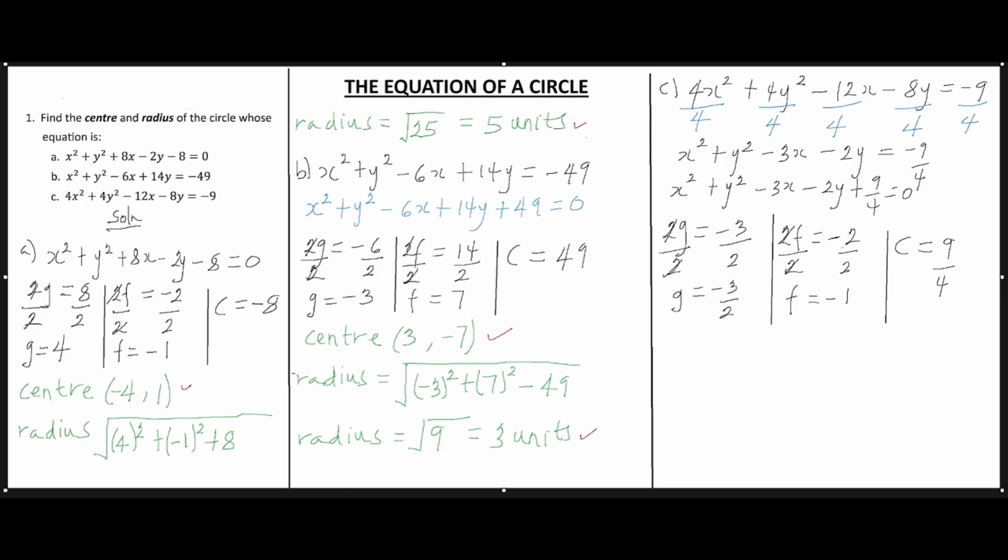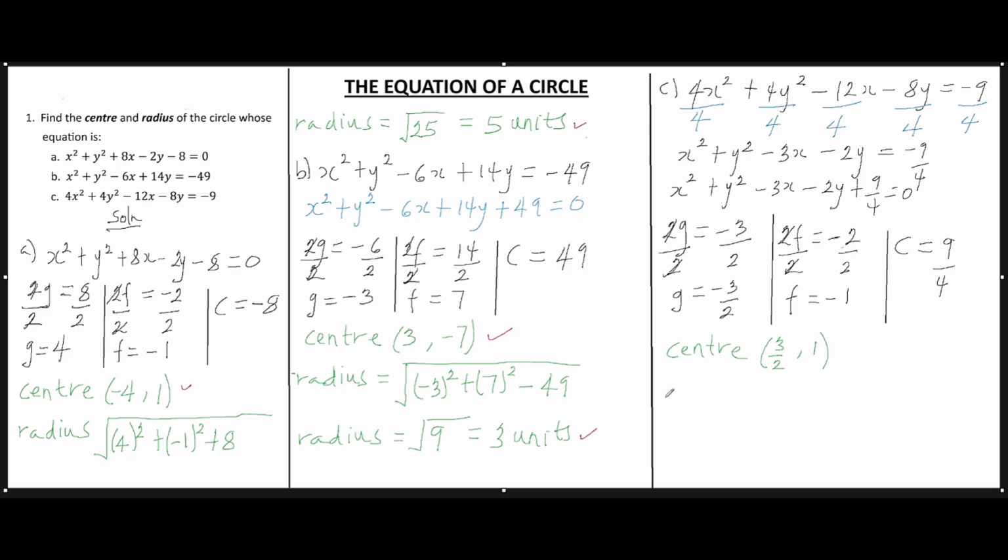Remember, we said the center of the circle will always be located at minus g, minus f. Our g here is minus 3 on 2. So minus of minus 3 on 2, we have positive 3 on 2. And the minus of minus 1, we have positive 1.